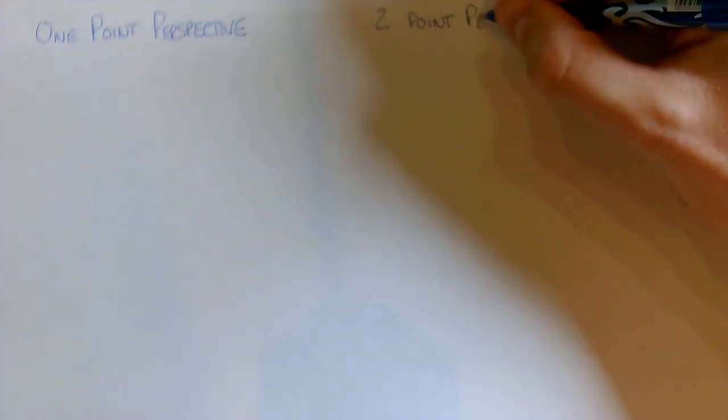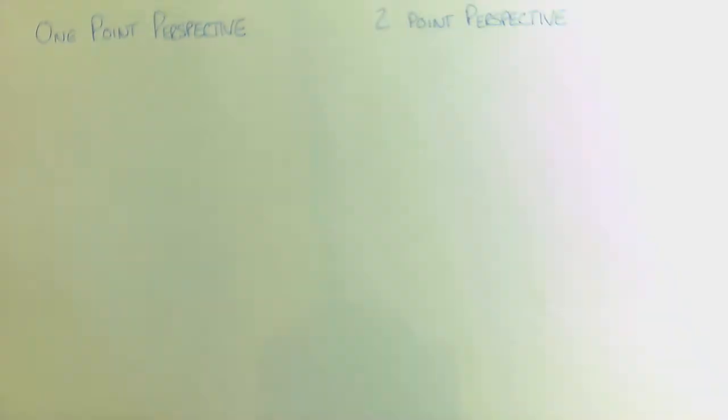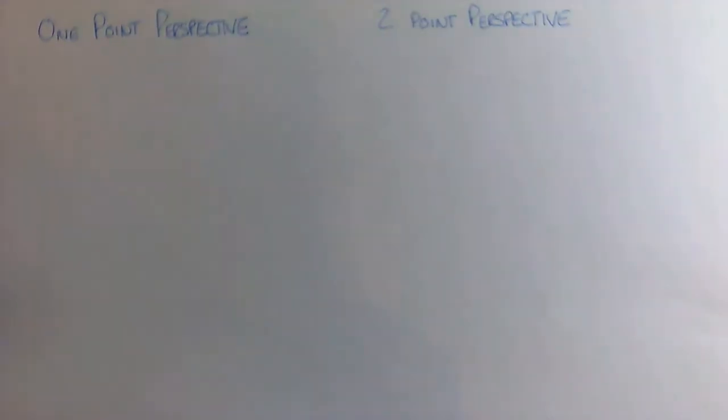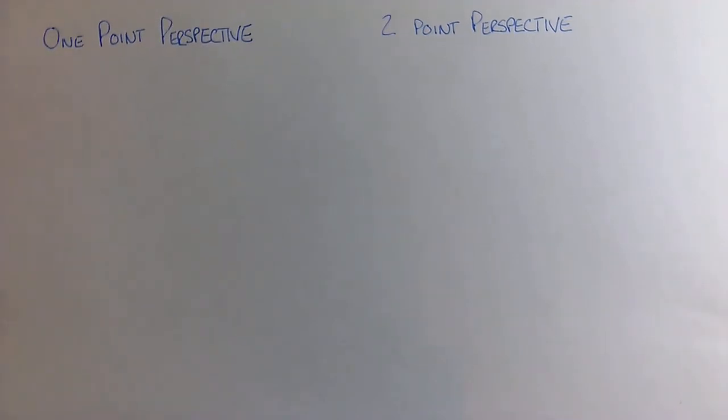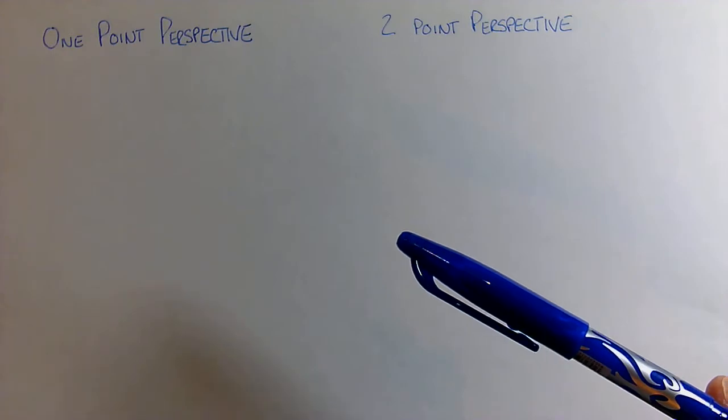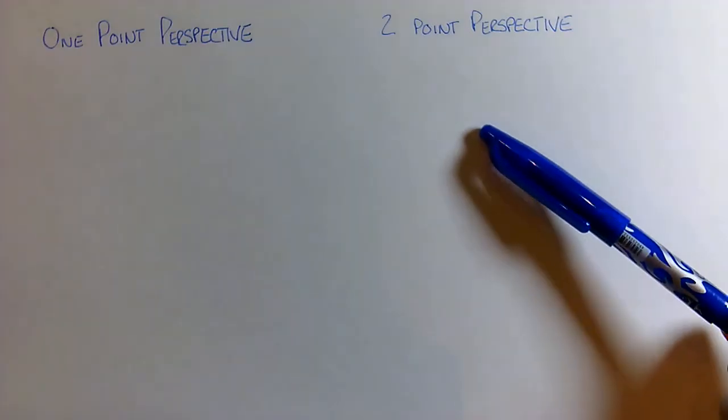And the next one we are going to do is 2-point perspective. There we go, that's both my headings down. Let me just adjust. There we go, a lot clearer image. So we're going to be focusing on 1-point perspective, and also on 2-point perspective.